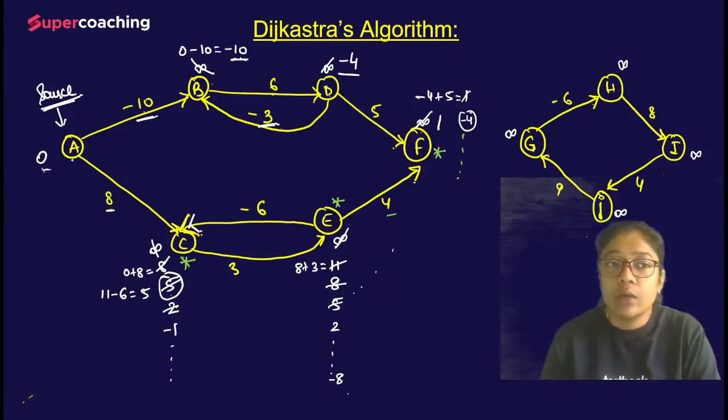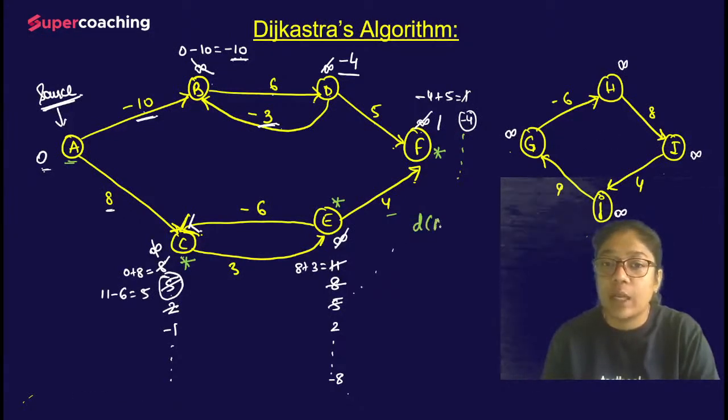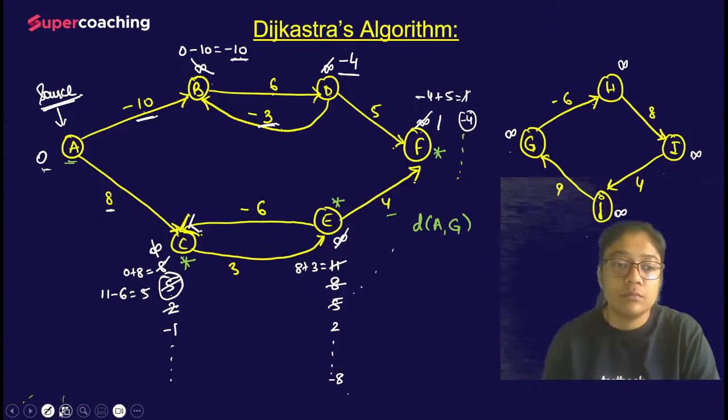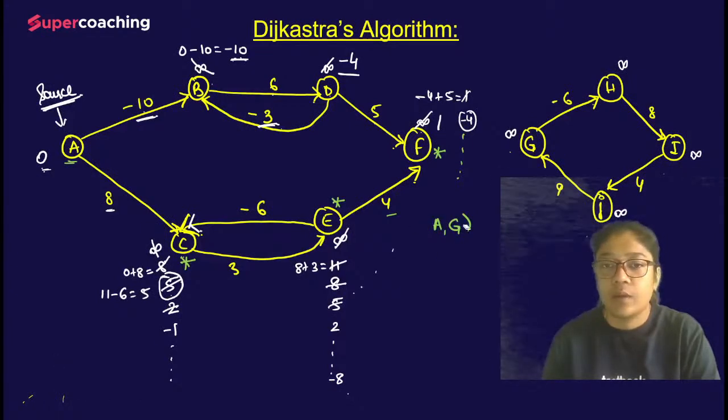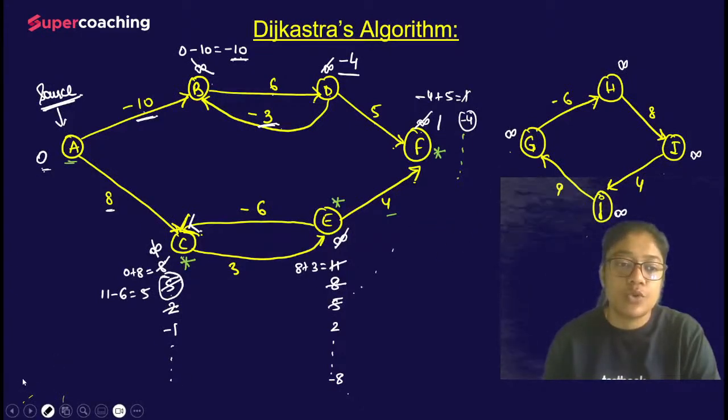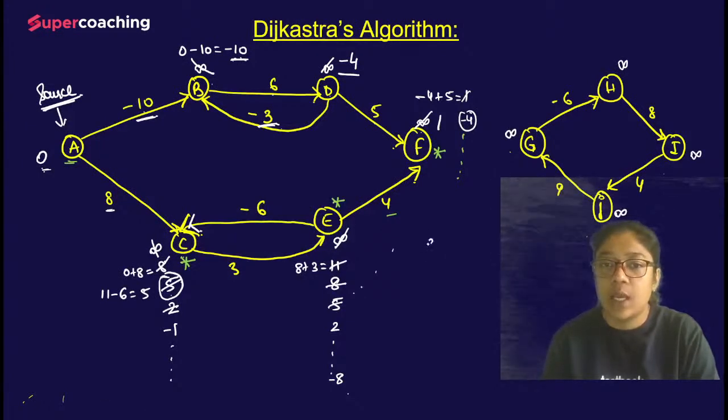Okay, so here this comes out to be infinity. यहाँ पे हम shortest path find नहीं कर सकते, तो हम ये बोल सकते हैं distance from A to G, or we can say that the shortest distance from the given vertex to G will be infinity.